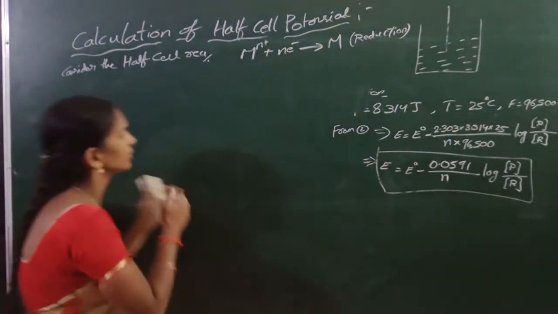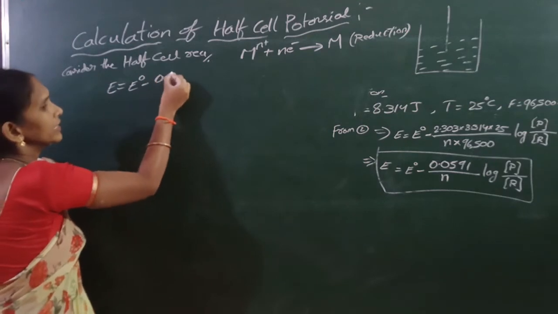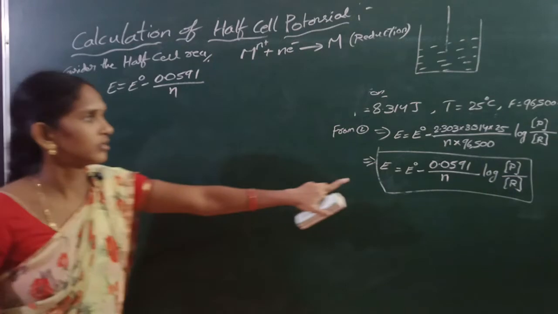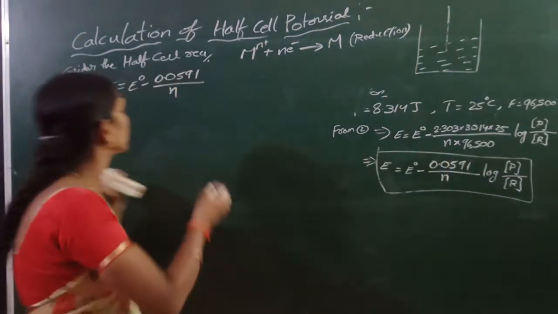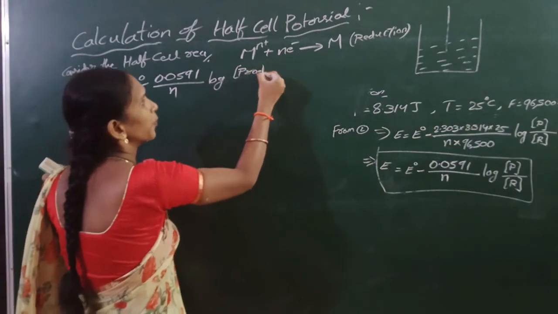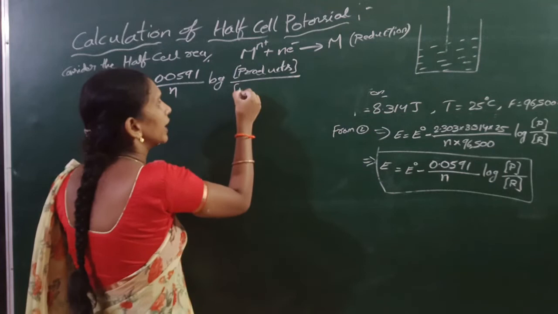From this equation, E is equal to E naught minus 0.0591 by n into log concentration of products by concentration of reactants.